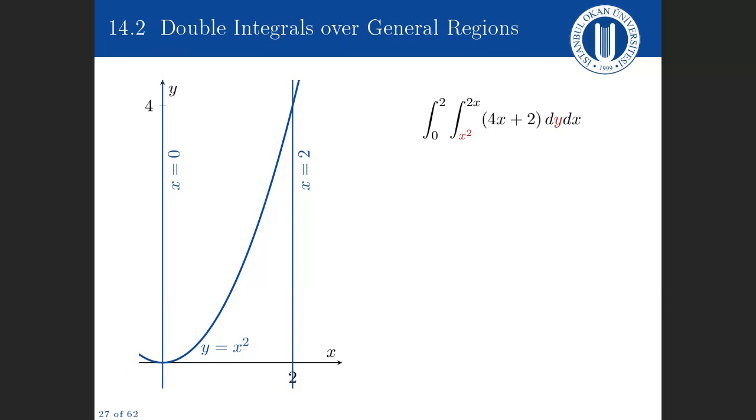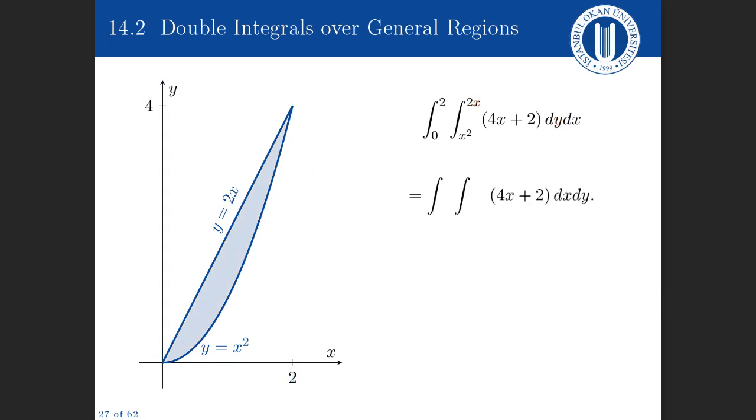And then finally, y is equal to 2x. Is this? Now we can see the region of integration must be this region. It's the region between y is equal to x squared and y is equal to 2x, where x is between 0 and 2.